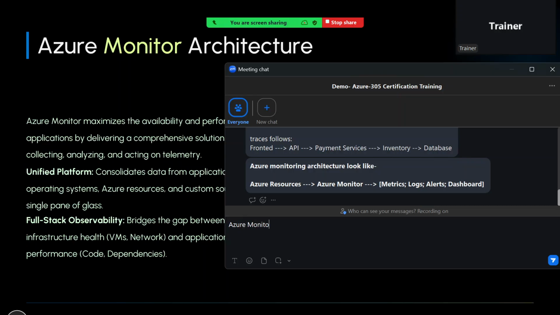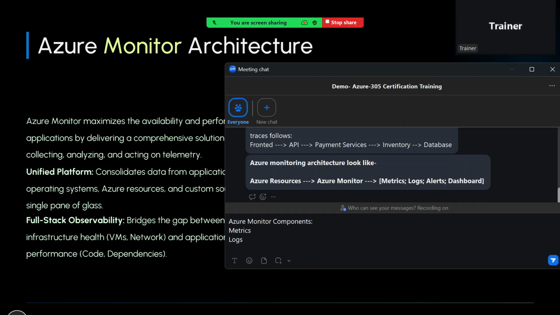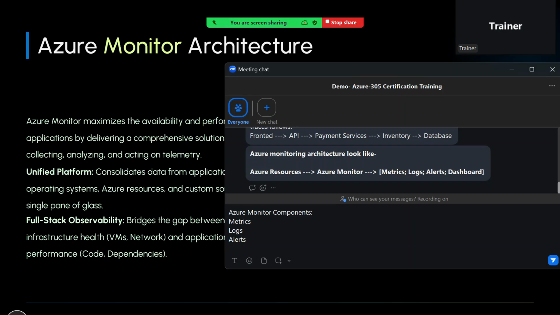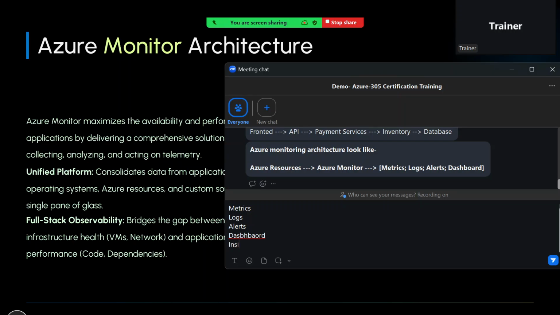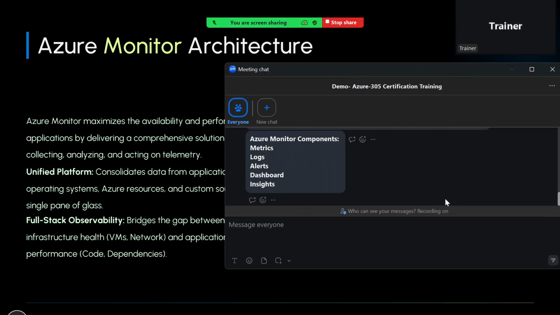Azure Monitor components: metrics, then logs, then alerts, then dashboards, then insights. So these are the Azure Monitor components. We will explore each in detail through this part.